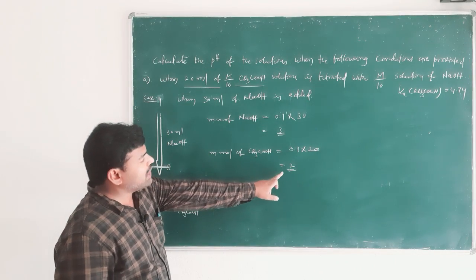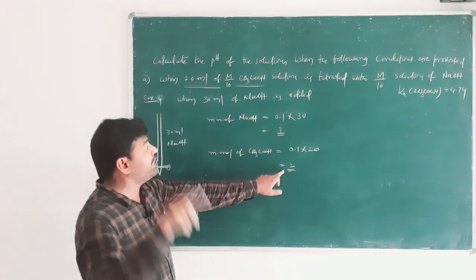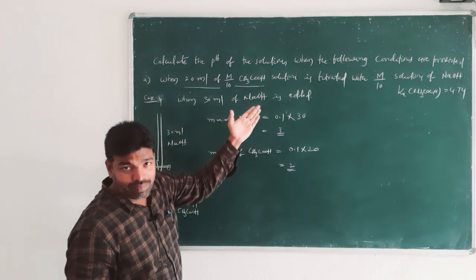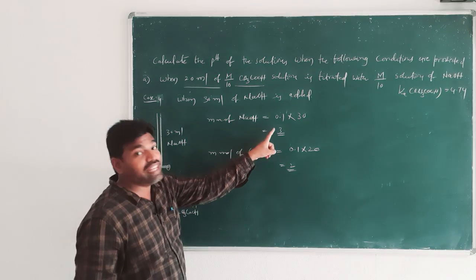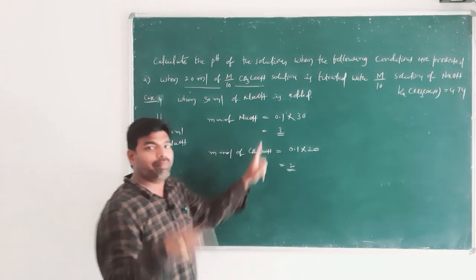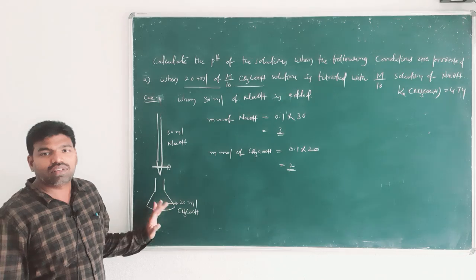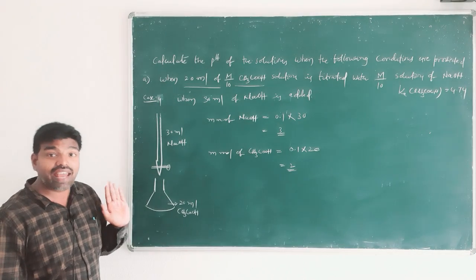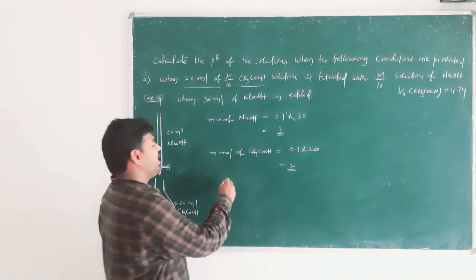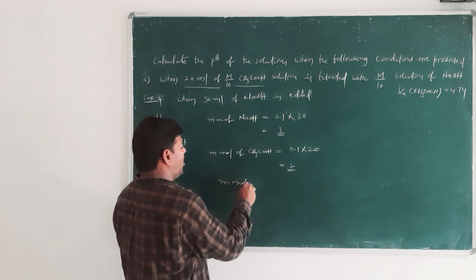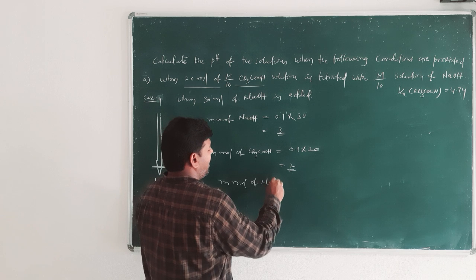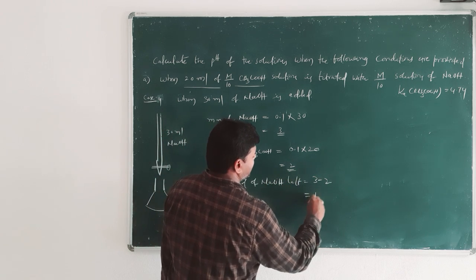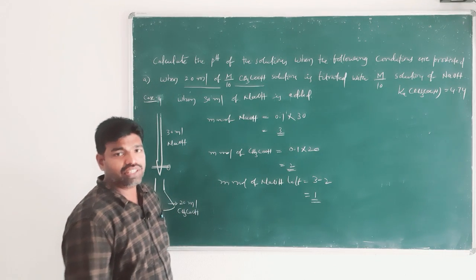So, 2 millimoles of acetic acid reacts with only 2 millimoles of NaOH, but millimoles of NaOH is 3 millimoles. So, 1 millimole of NaOH is left behind in the resulting solution. So, millimoles of NaOH left is equal to 3 minus 2, that is 1.